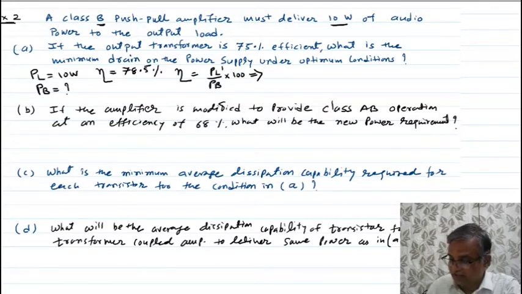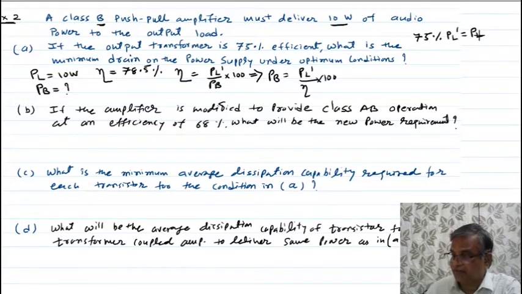Now I have to find PB. So PB is nothing but the PL dash upon eta into 100. Now what is PL dash? Transformer is 75% efficient. So 75% of PL dash will be transferred to PL.